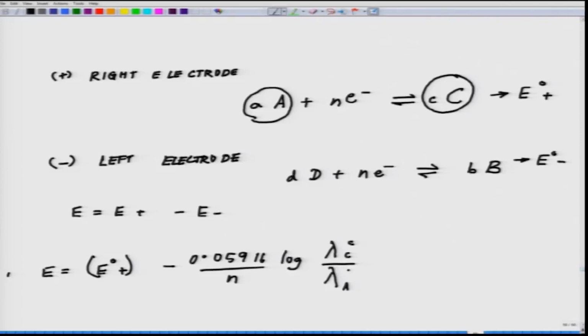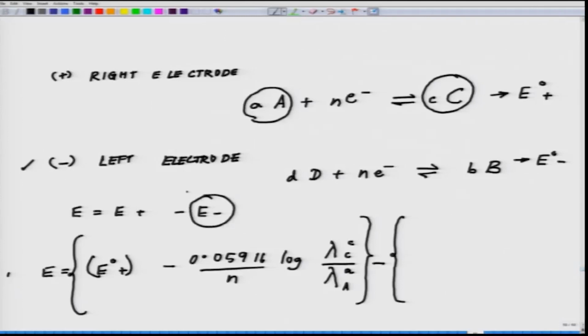Minus, let's put the big brackets there, minus, you have the second term which is the left electrode now coming into play, which is E minus electrode, which is E0 minus.